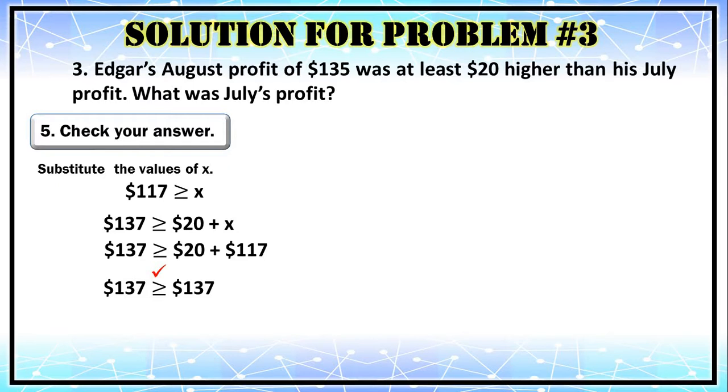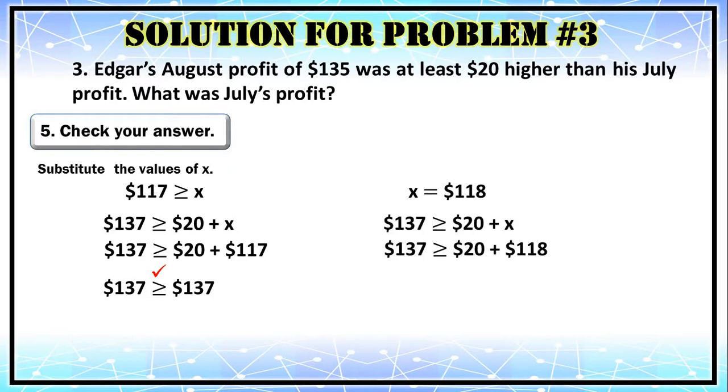So let's try another value of our x. We use $118, so we let x be $118, to see if x can be more than $117. So we substitute the values. That becomes 137 is greater than or equal to $20 plus 118.